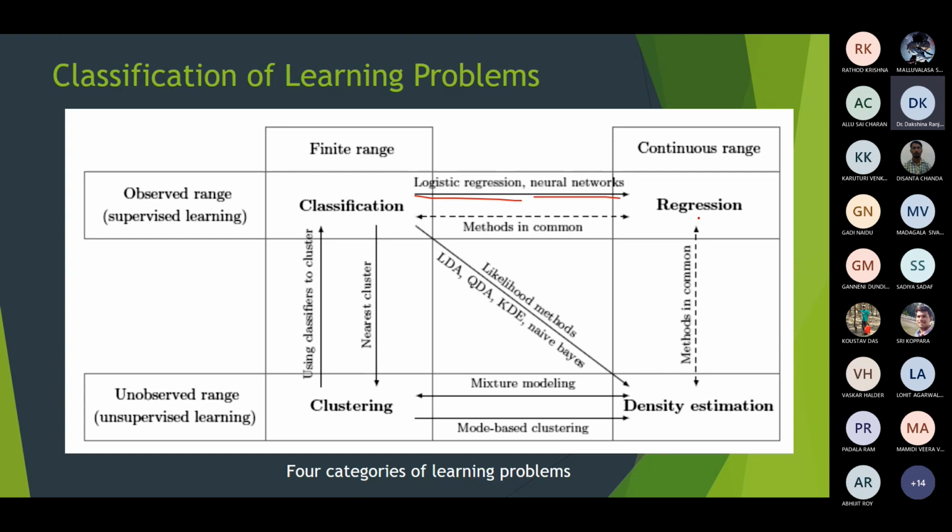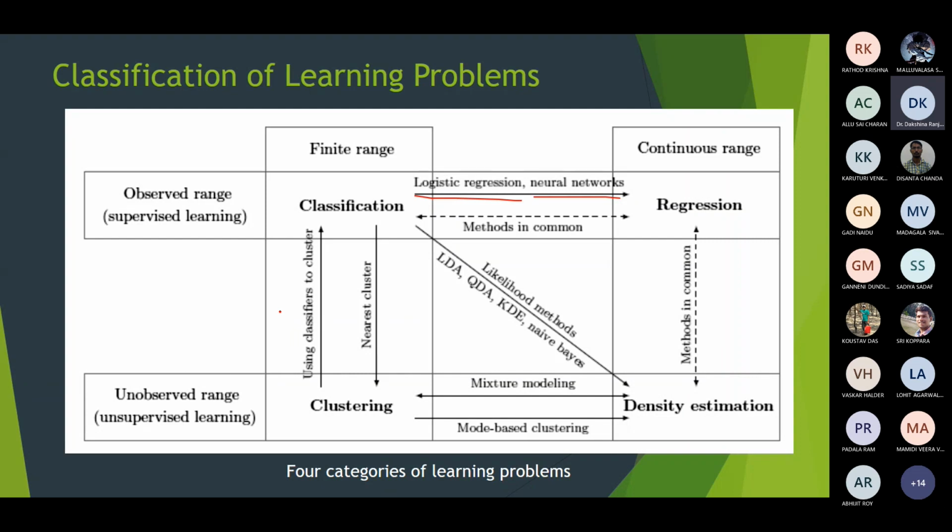Similarly, we have a few other methods which are very common in both regression and density estimation. So we can transform a classification problem to a regression problem by using logistic regression and neural networks as per the requirements.